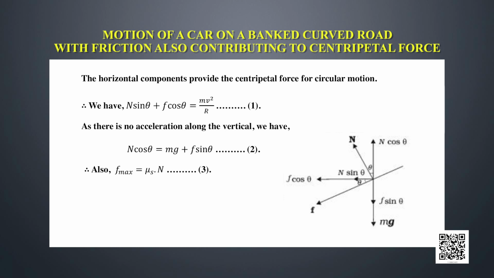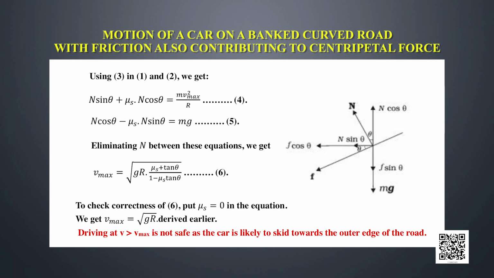Also, the maximum force of friction available is F max equal to mu s N. Using equation number 3 in 1 and 2, we get N sin theta plus mu s N cos theta equal to m v maximum square over r.